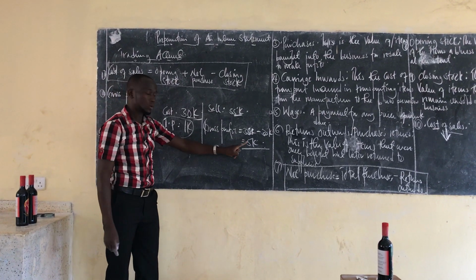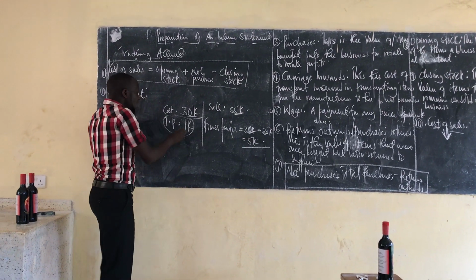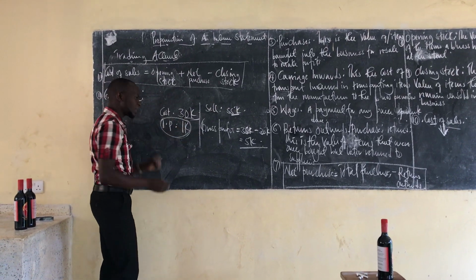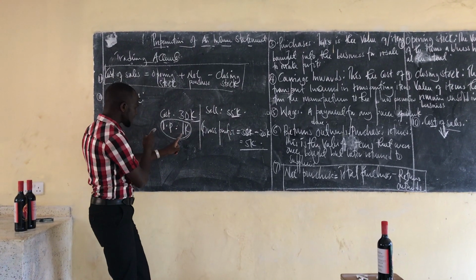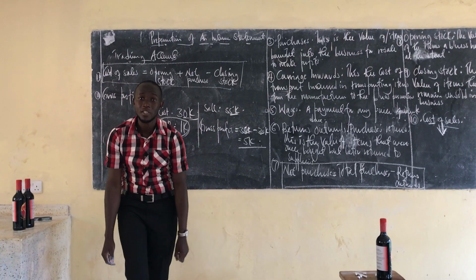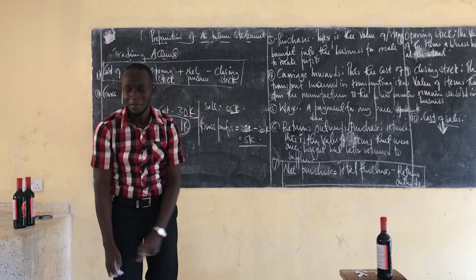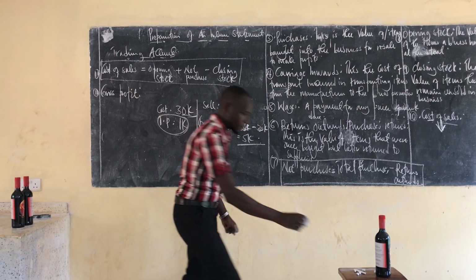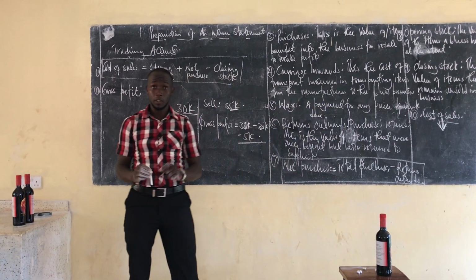This is what they call gross profit. When you go ahead and subtract the 1k transport I incurred, that is another type of profit that we shall see very soon. Don't mind it. Hope for gross profit we are covered.